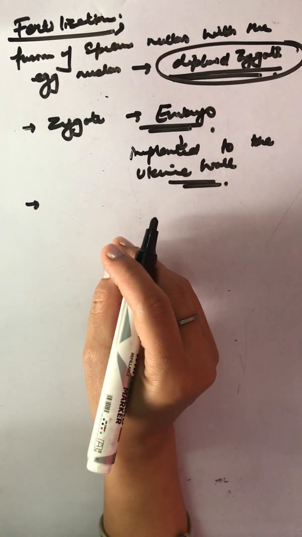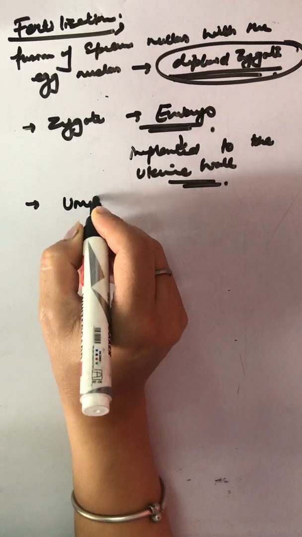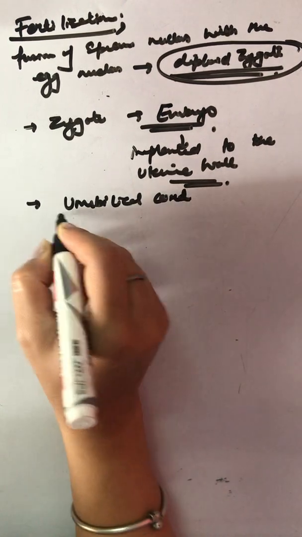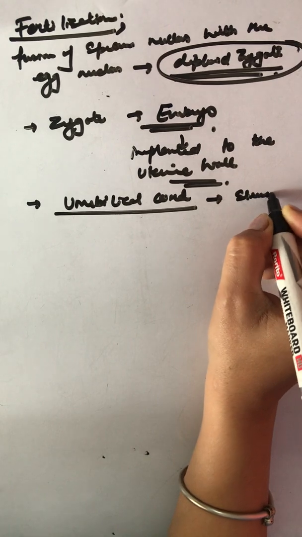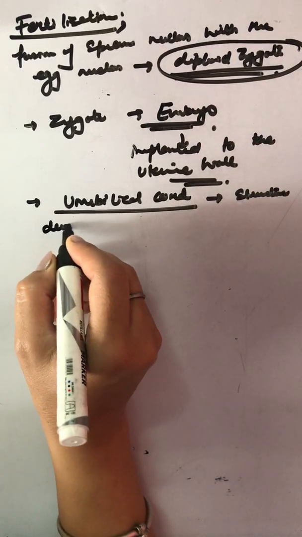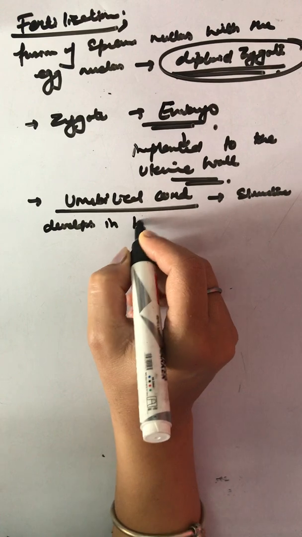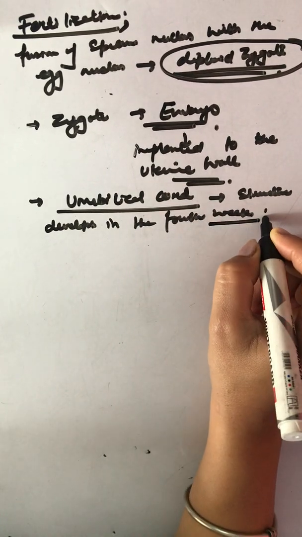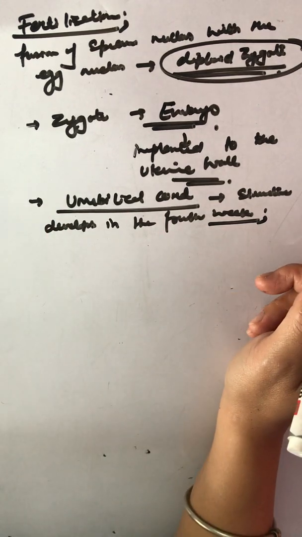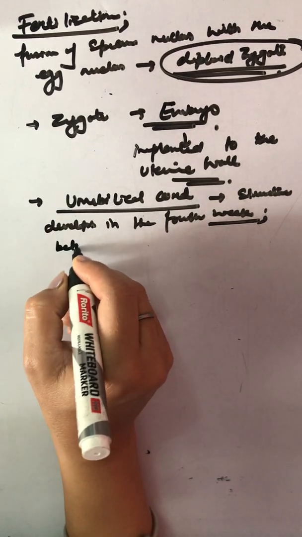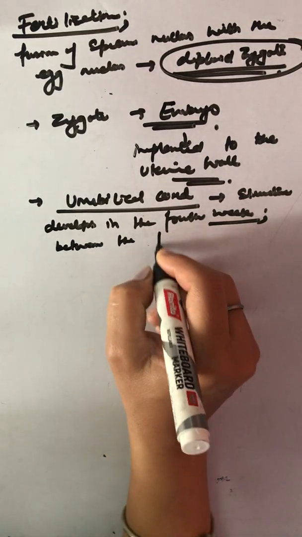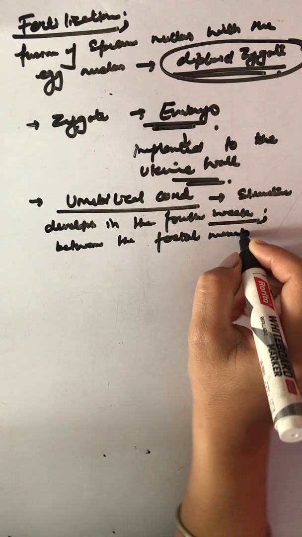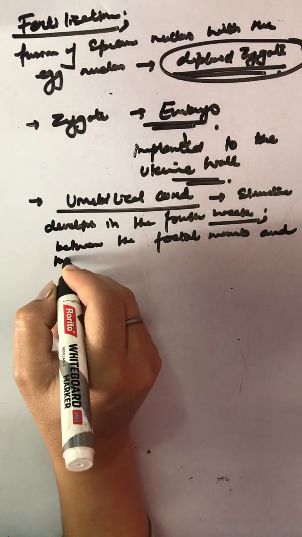The umbilical cord is a structure which develops in the 4th week of fertilization between the fetal membrane and the uterine wall.